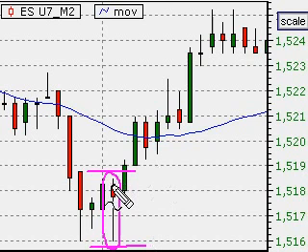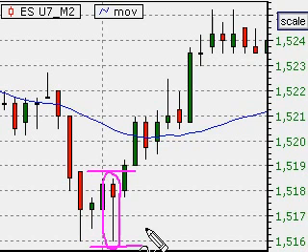So the range of this bar, the high is 15.1850, the low is 15.16 even, so that's a 2.5 risk, 2.5 points, but there's 4 ticks in every point, so that's a 12 tick risk.